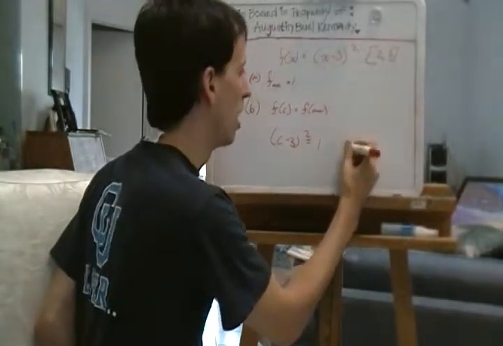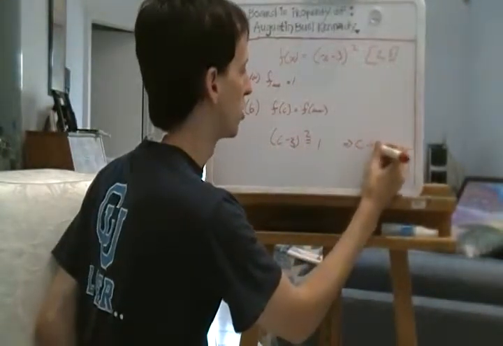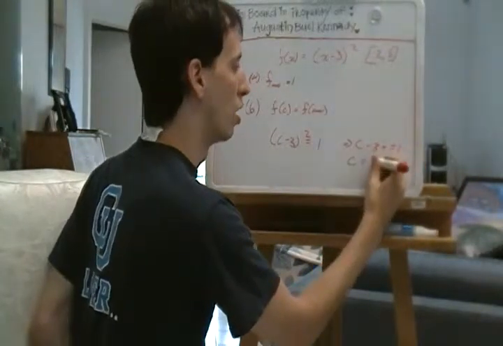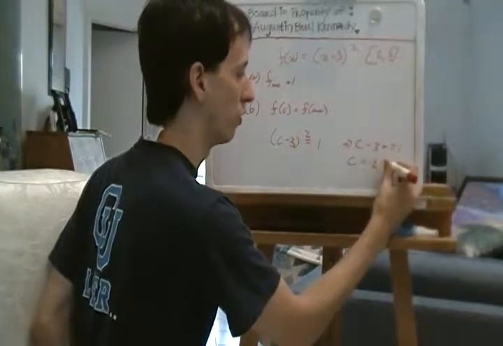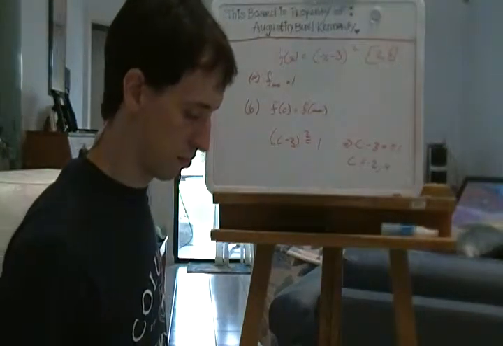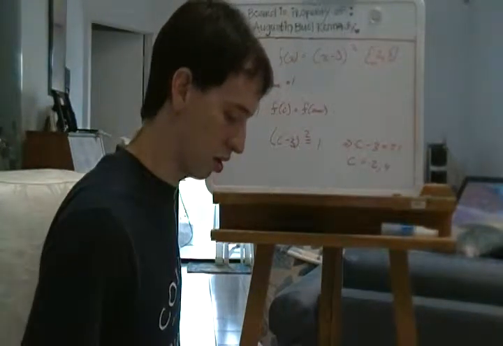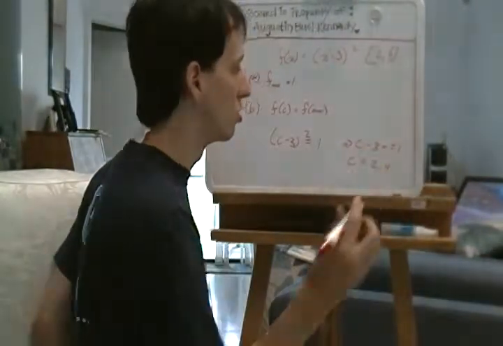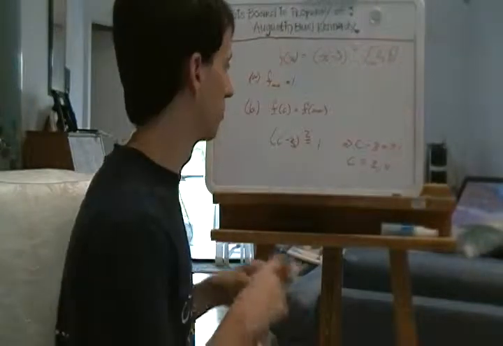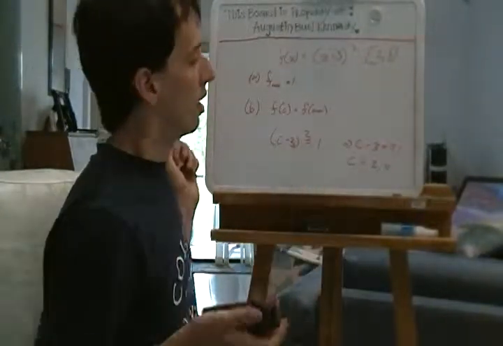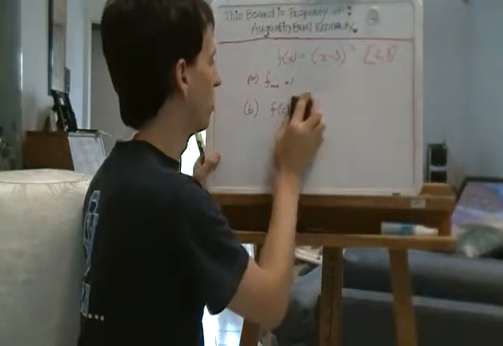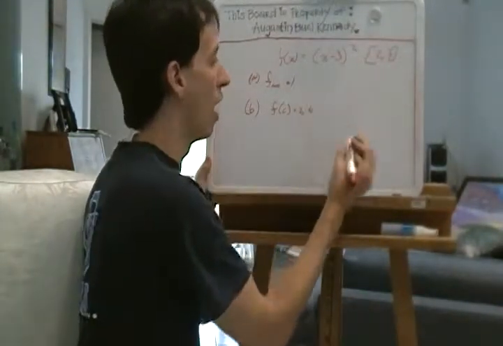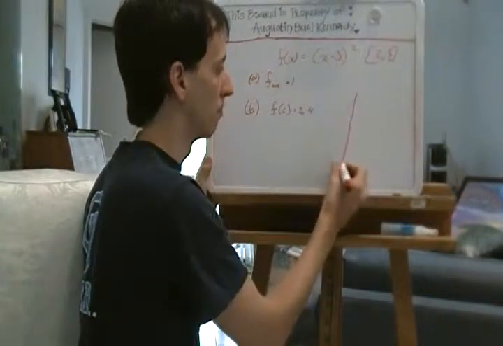So we take the square root, and we get c minus 3 equals plus or minus 1. So c equals 2 or 4. So f of c, 2 and 4.